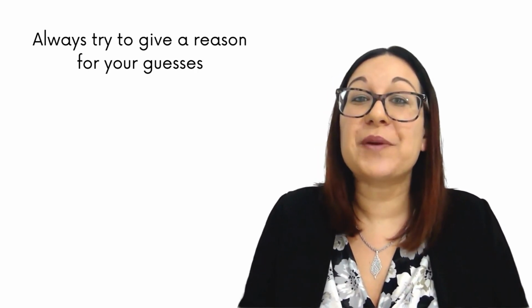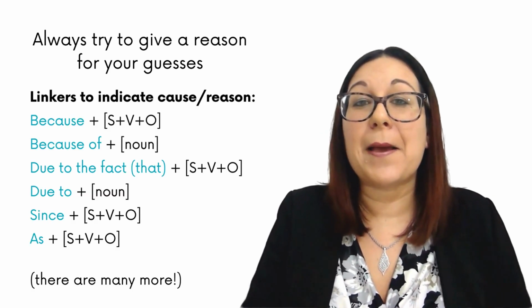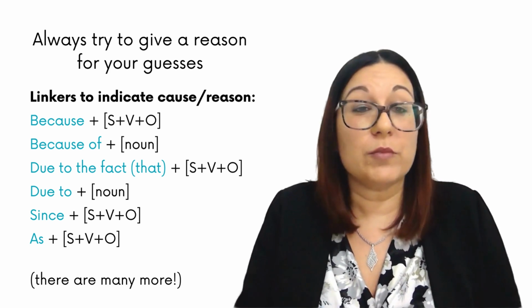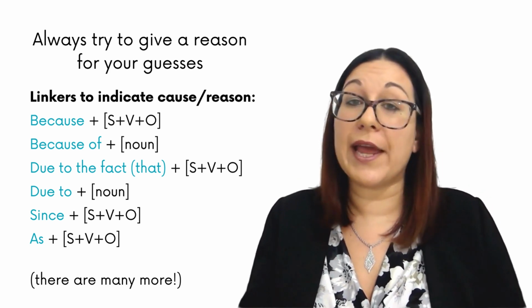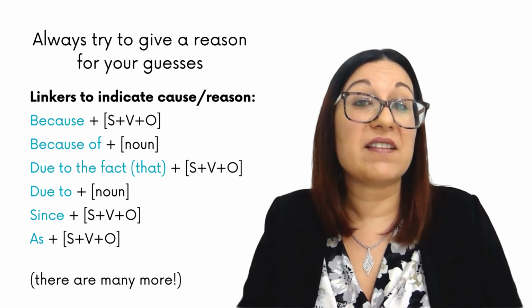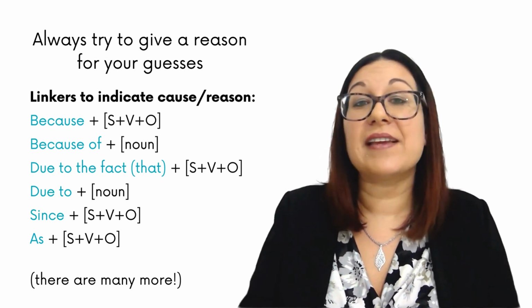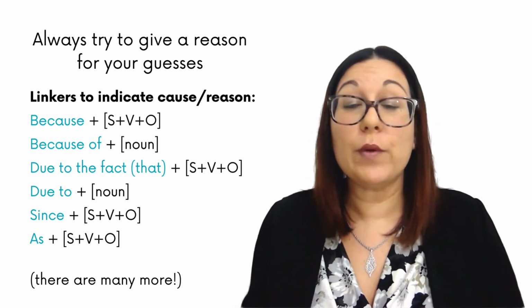You've explained that with your modal. But it would be a good idea to add your reasoning as well. So add on that little phrase, because. So if you think it's hiding, why? Why do you think the tiger is hiding? Because it looks scared? Okay. Because it looks young? Okay.